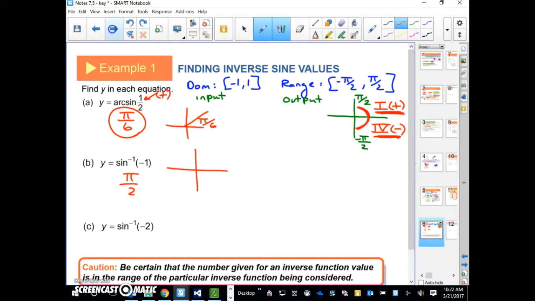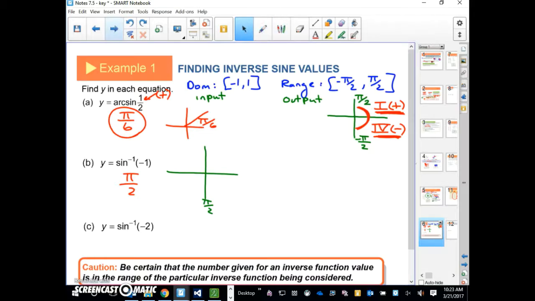And so what you're going to want to do is put a pi over 2 here. And it's very tempting to do what we've done in the past chapters and go all the way around here. Did I say pi over 2? I guess that's not where pi over 2 is. I'm sorry. It's tempting to say negative pi over 2 is right here.